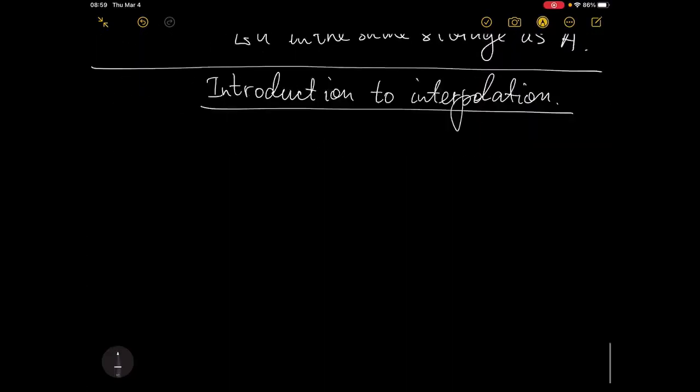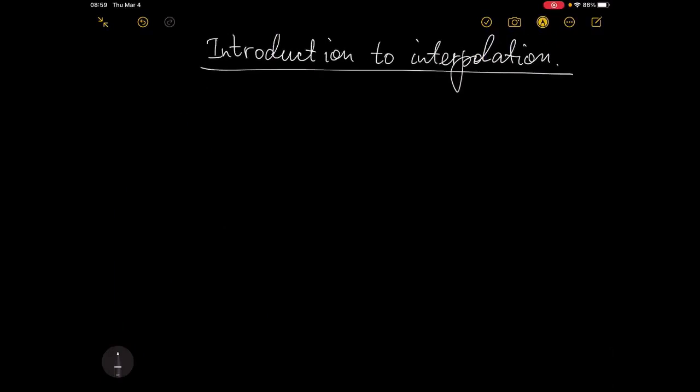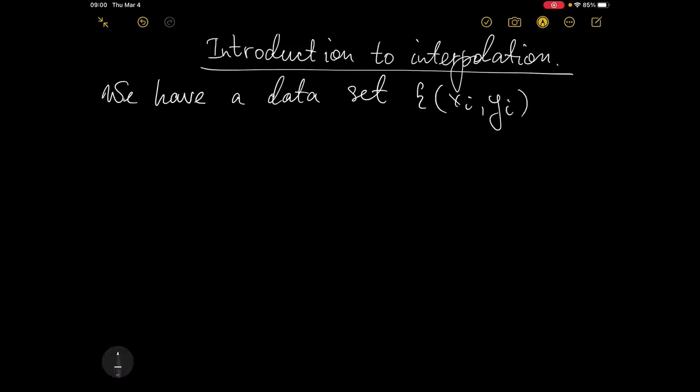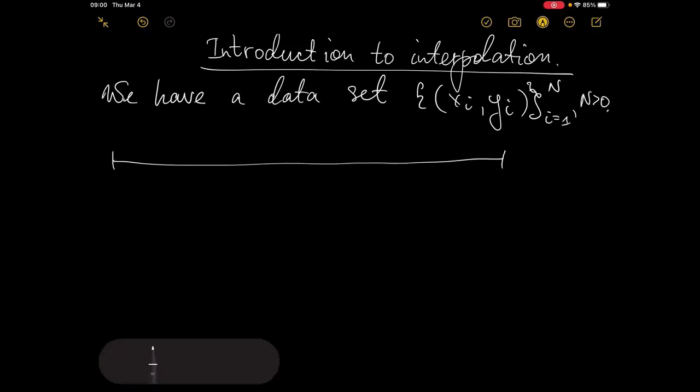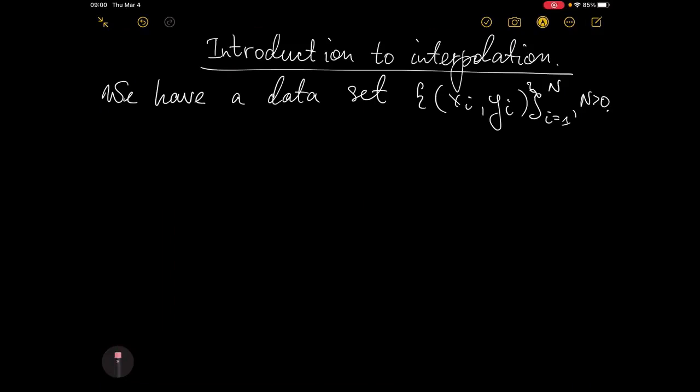So in other words, we can formulate it in the following way. We have a data set like that: xi, yi, pairs of numbers, i goes from 1 to n, for n strictly more than 0. Let me draw it differently.